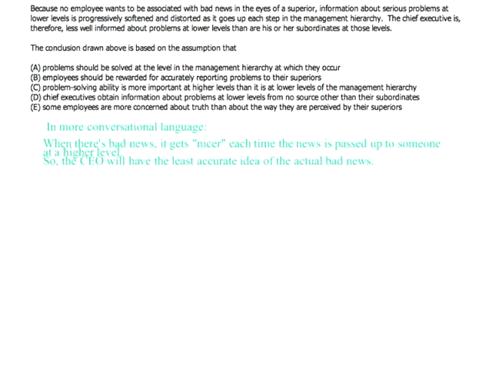The CEO has had the information passed up the most number of times. The argument relies on the idea that the CEO has to get the information through everybody else, passed up to the next person, then the next person, until it finally gets to the CEO.